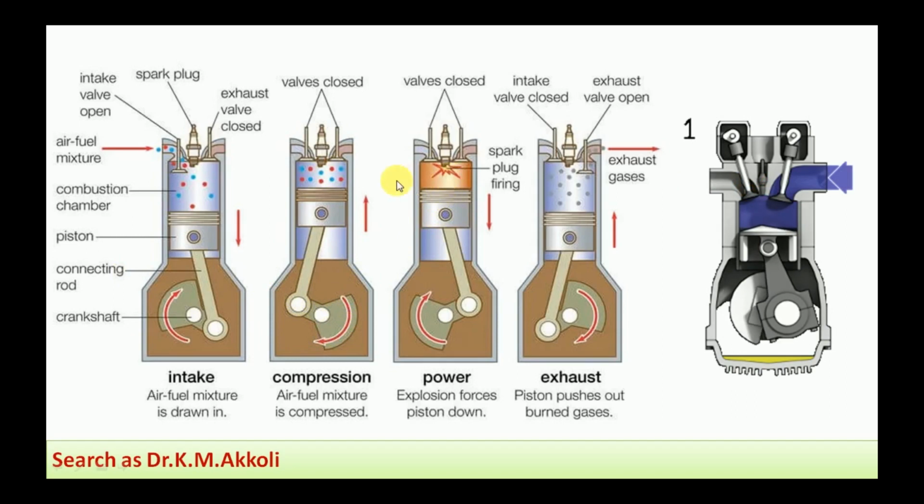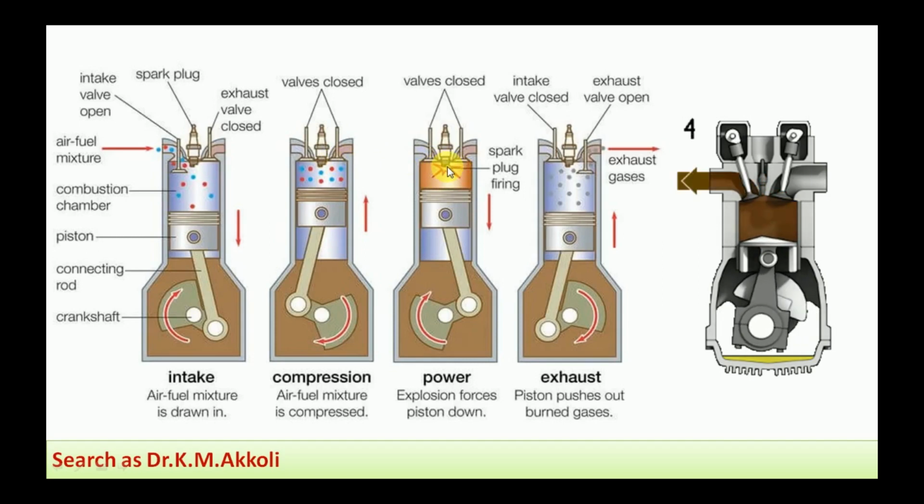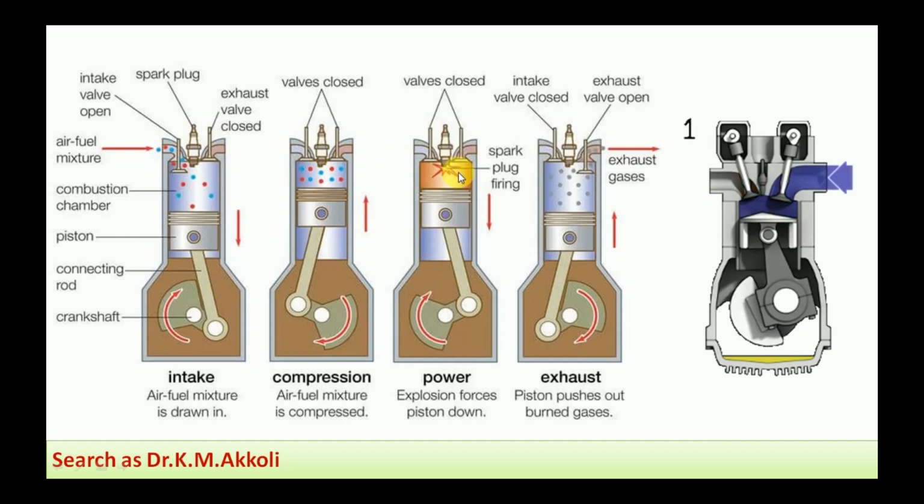The next one is the power stroke. At the end of the compression, the spark is generated by the spark plug. Due to that, combustion of the fuel takes place, and the burnt flue gases produced create a higher pressure inside, and that forces the piston in the downward direction.